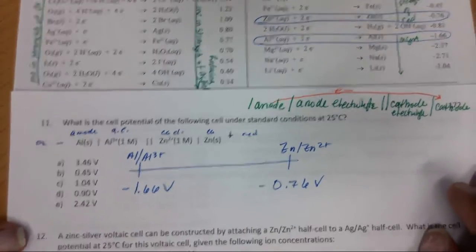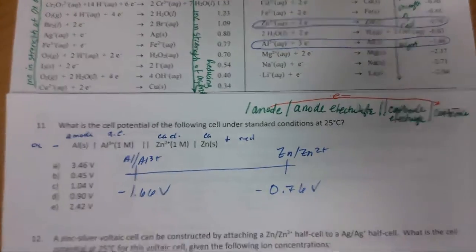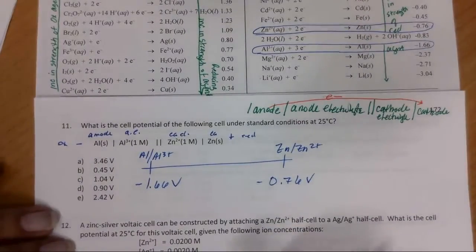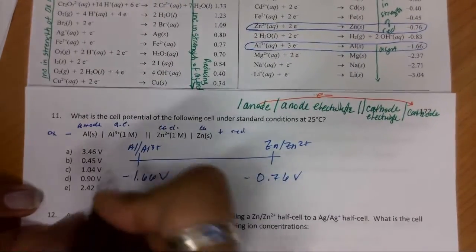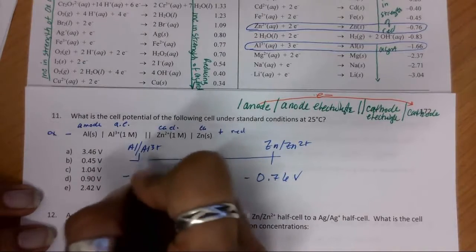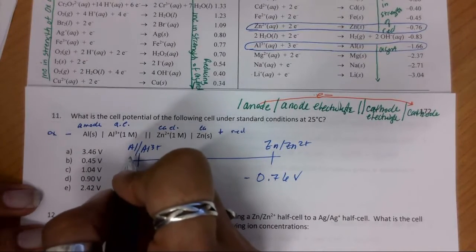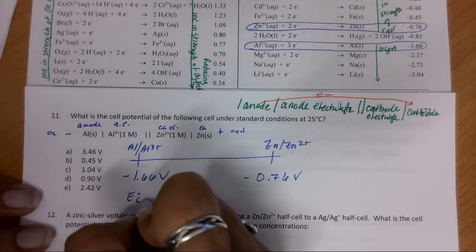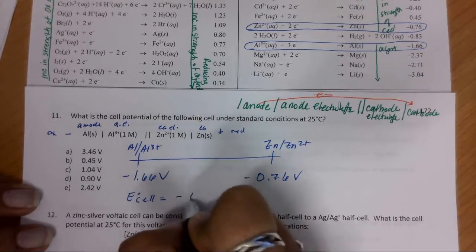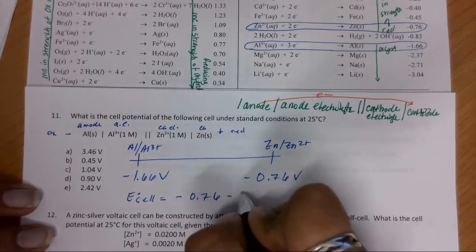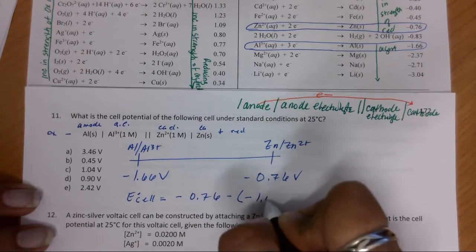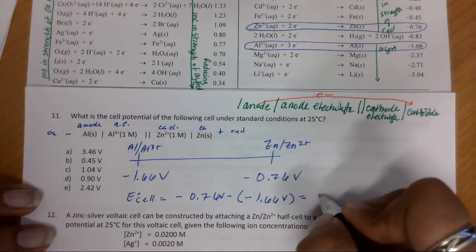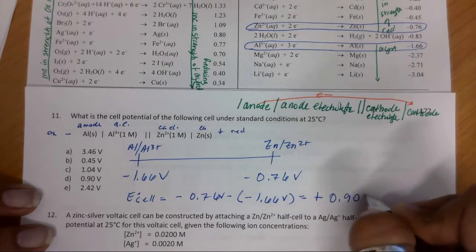Oh, I'm sorry. And now we need to calculate the cell potential. I'm trying to fit all this in, and I can't. Let me get you guys. There we go. Okay, now I'm going to do the cell potential. The cell potential is equal to the cathode minus the anode. So the cell potential is equal to negative 0.76 minus, and then we'll put a parenthesis here, minus 1.66 volts, and that is equal to a positive 0.90 volts.